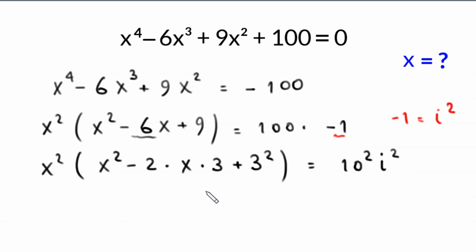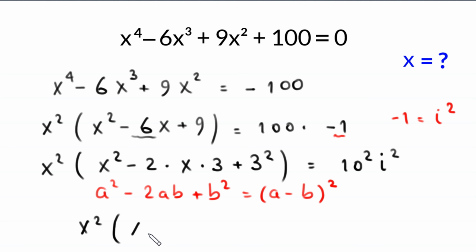Now by using this algebraic identity a squared minus 2ab plus b squared equal to a minus b whole squared, we can rewrite this expression as x squared times x minus 3 whole squared equal to 10 squared times i squared, which can be written as 10i whole squared.